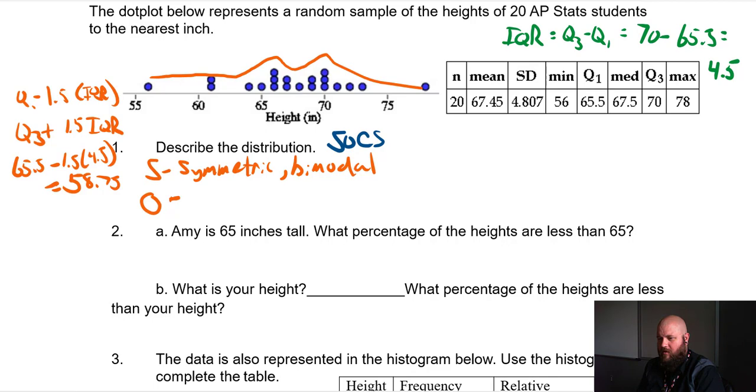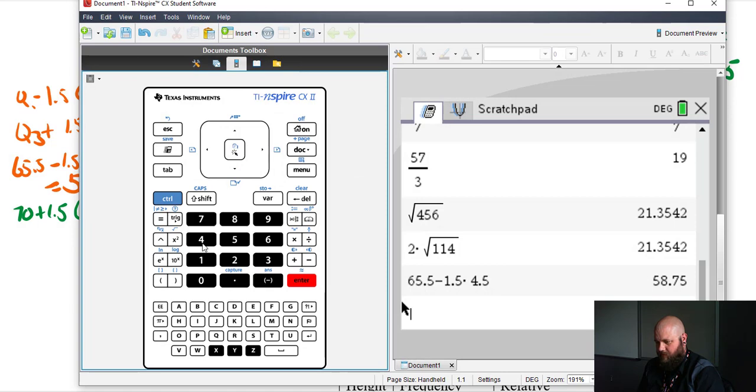And then for, I'll change this for a different color for the upper one. Q3 is 70 plus 1.5 times 4.5. So 70 plus 1.5 times 4.5.